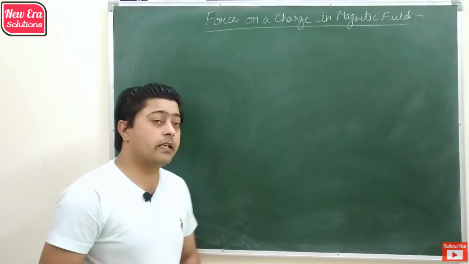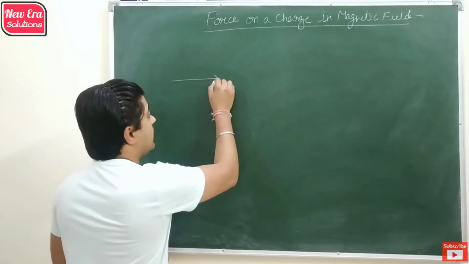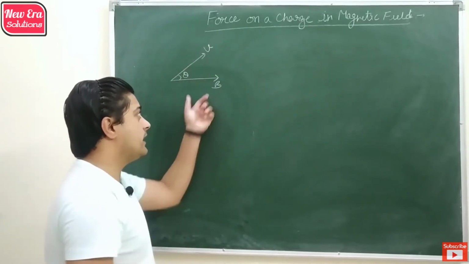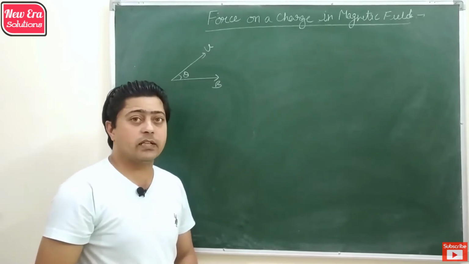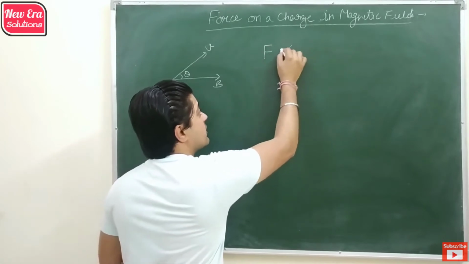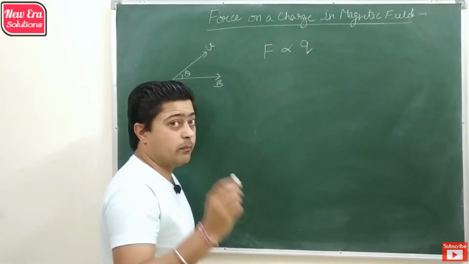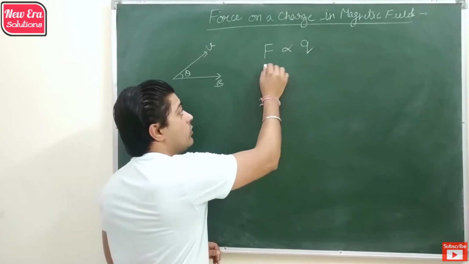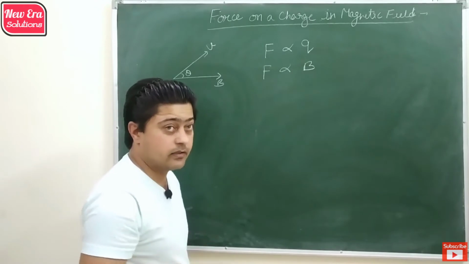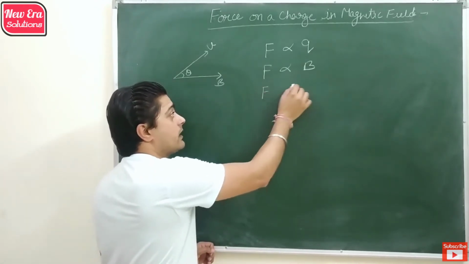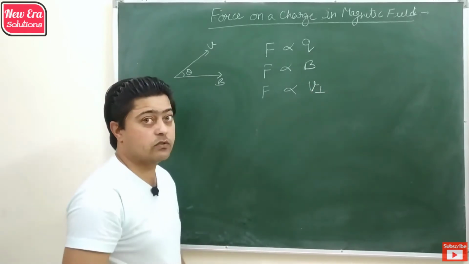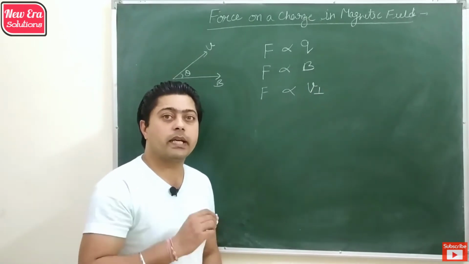If we consider a charged particle moving with velocity v making an angle theta with the uniform magnetic field B, the force experienced by the charged particle depends on the magnitude of charge. It also depends on the amount of magnetic field in that region, and it is directly proportional to the velocity component of the charge which is perpendicular to the magnetic field.